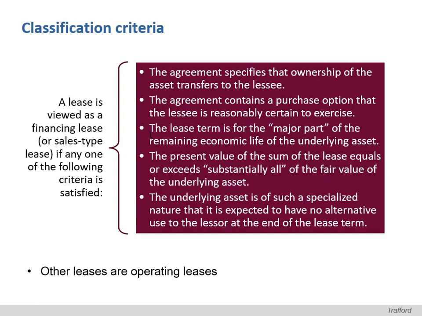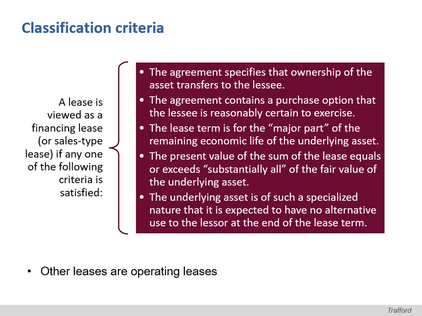If you lease an asset with a 10-year life and you're leasing it for 8 or 9 years out of that 10 years, then basically you're getting substantially all of the risks and rewards of ownership of that asset, and we'd have a financing lease. On the other hand, if you're only leasing that asset for a few years, then it would be classified as an operating lease unless, again, it met one of the other criteria here on this list.